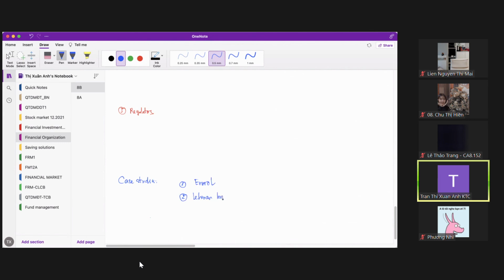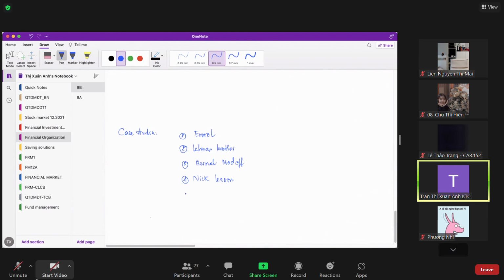The next one refers to Madoff, a very famous case study in the world. The fourth, maybe Nick Leeson. Can you see my writing, students? In Vietnam, we have Nguyễn Đức Kiên.